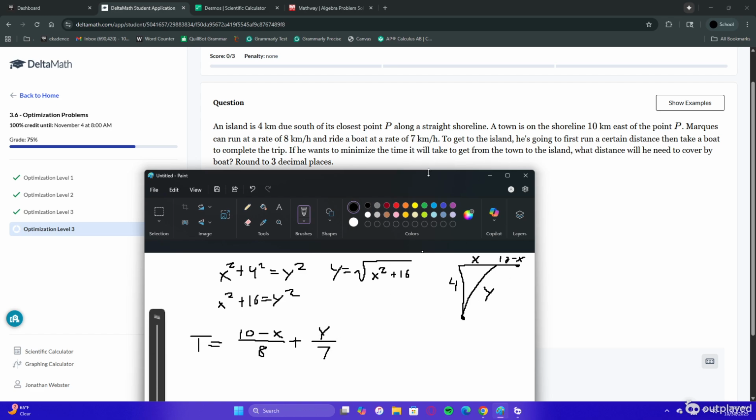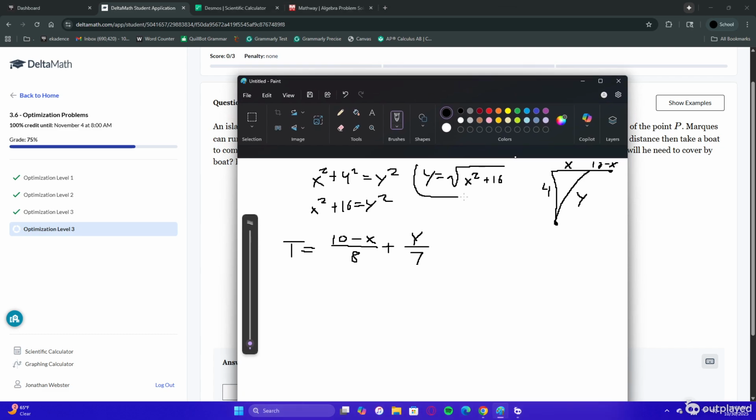But remember that we just solved for y with the Pythagorean theorem, so we can write it again. T equals (10 minus x) over 8 plus, instead of writing y, the square root of x squared plus 16, over 7.